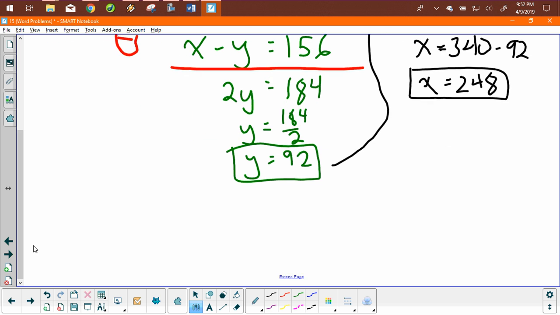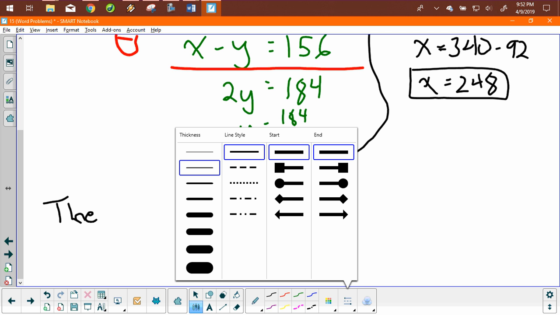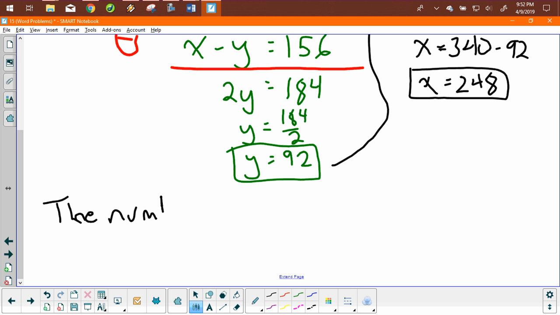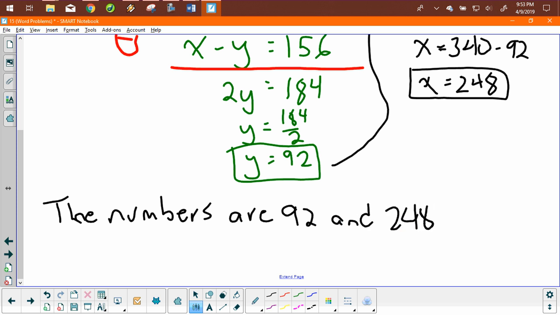Therefore, the two numbers are 92 and 248.